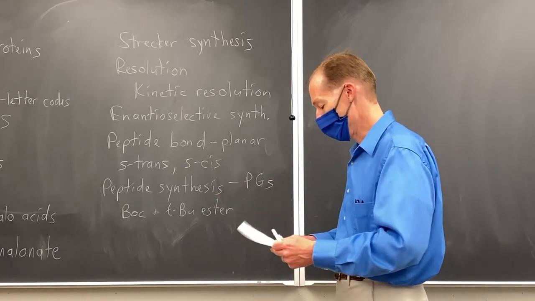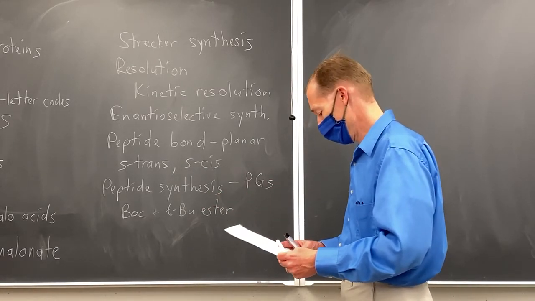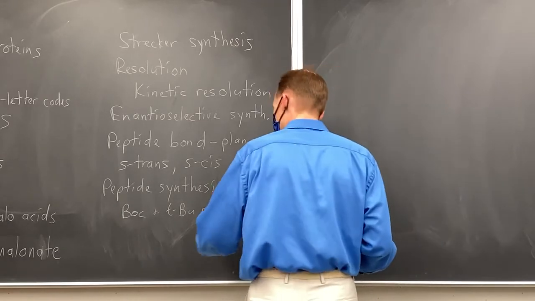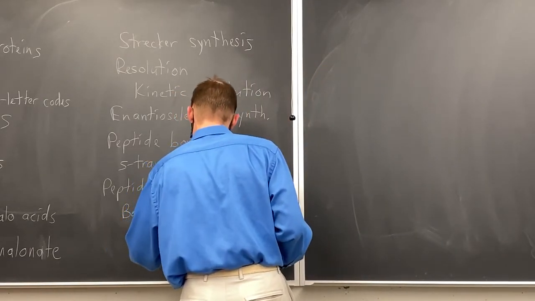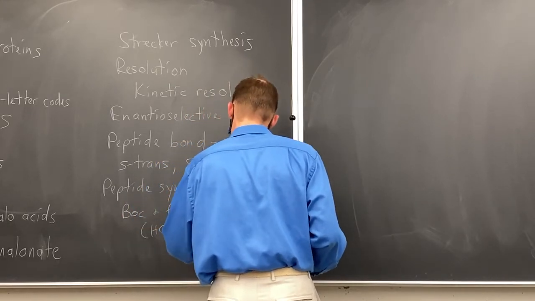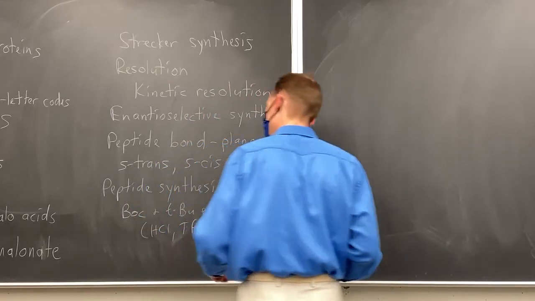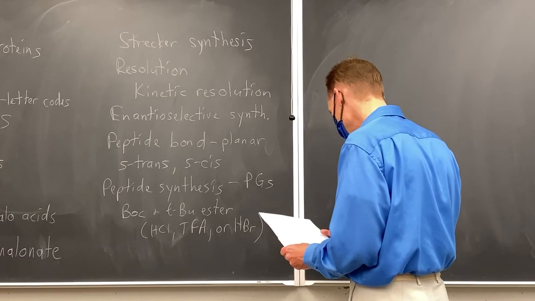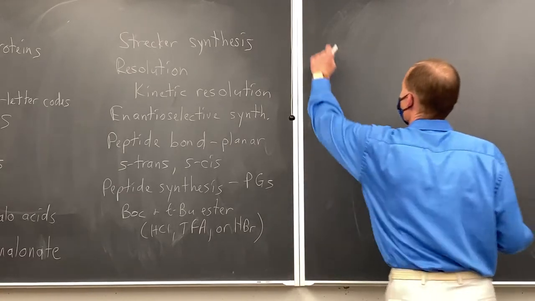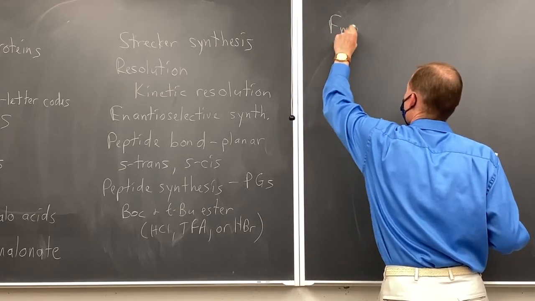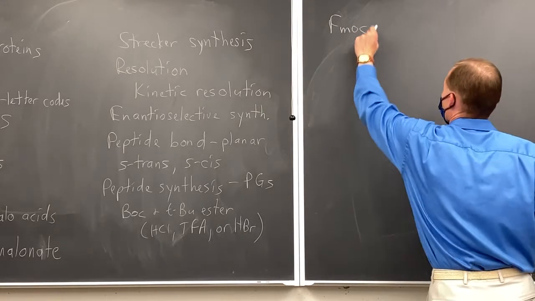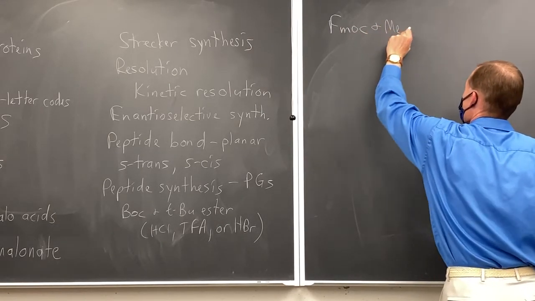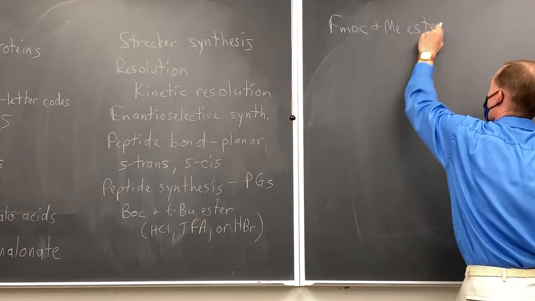So we pair up the Boc and the tert-butyl ester because those can be cleaved with HCl, TFA, or HBr. Okay. And then we have the Fmoc carbamate, and we can pair that with the methyl ester.